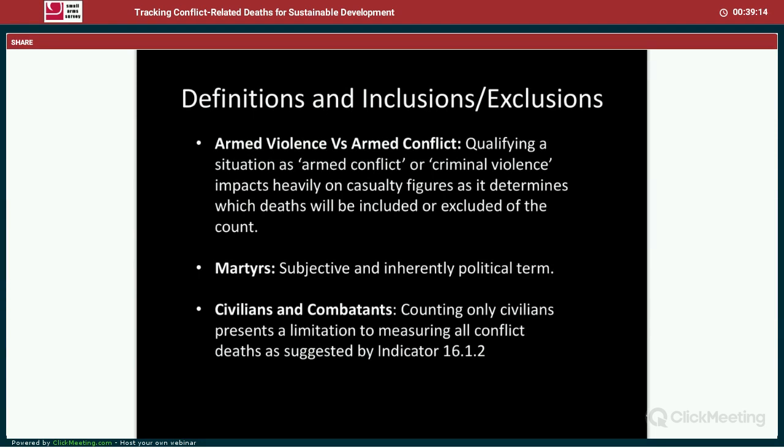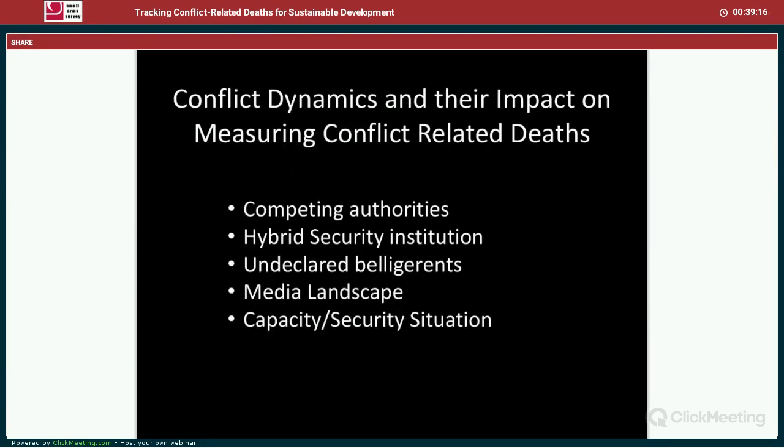So quickly, these conflict dynamics, which we see in many conflicts, basically in the MENA region and maybe around the world. The problem with competing authorities in Libya is that they often use the same name. For example, there are two ministries of defense, and when they issue counts, you're wondering, who issued this count and who are they counting exactly?